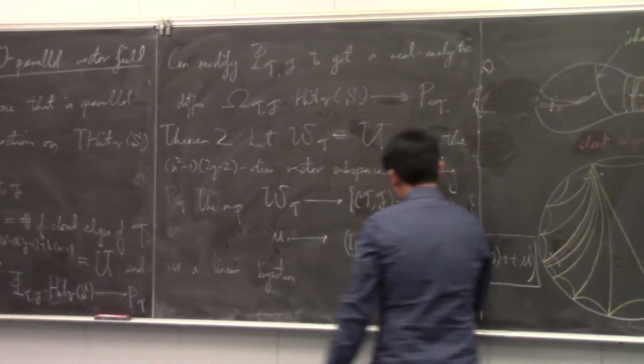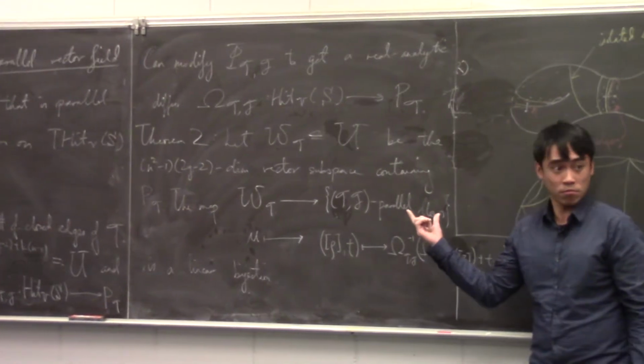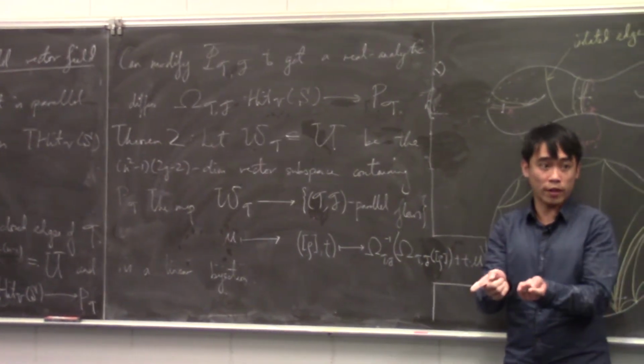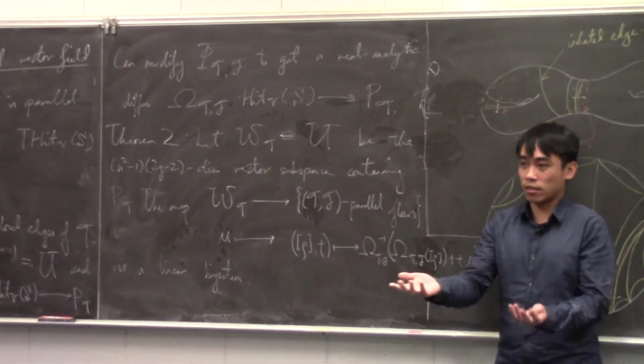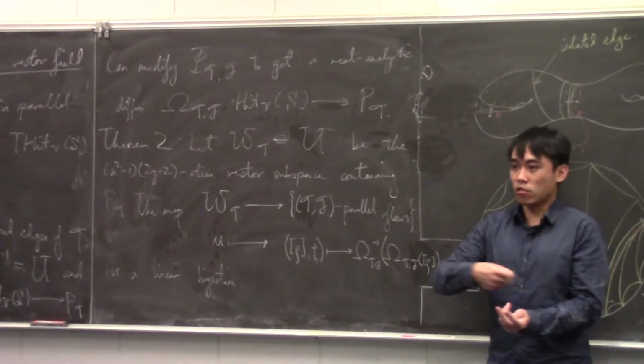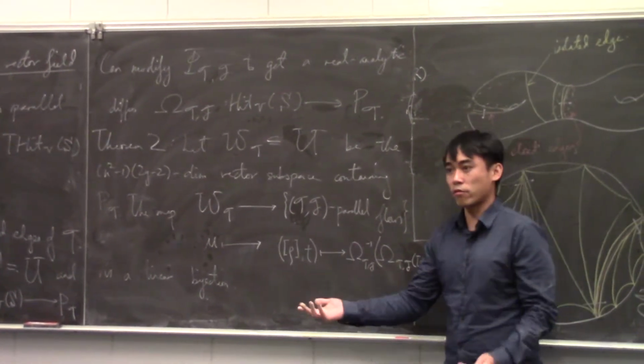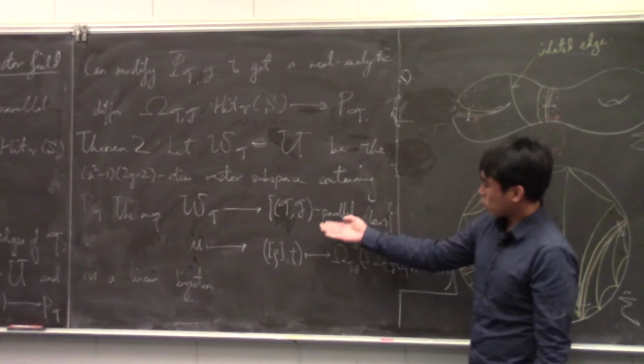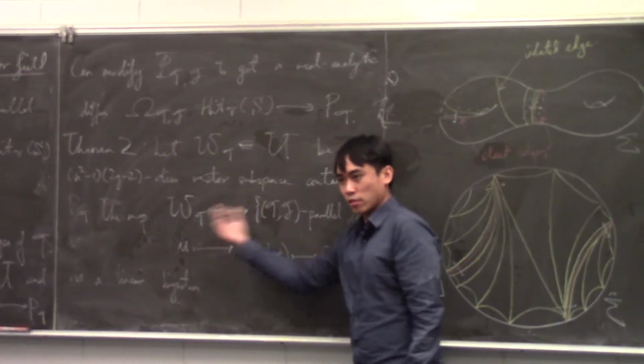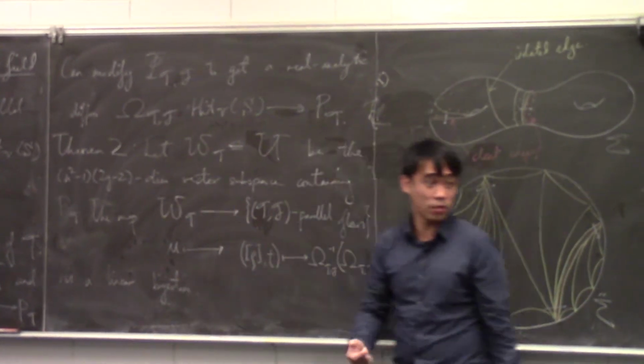So the set of Tj parallel flows has a natural linear structure. If you take any two Tj parallel vector fields and add them, you get another Tj parallel vector field. You take a Tj parallel vector field and scale it by a real number, you get another one. So these are both linear spaces, and it makes sense to say this is a linear map, a linear bijection.